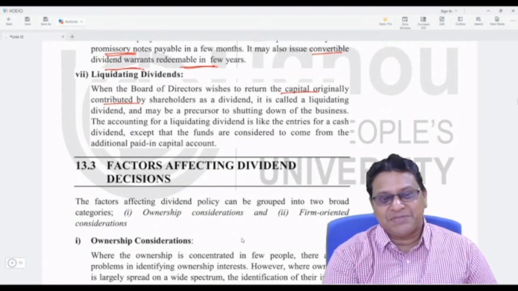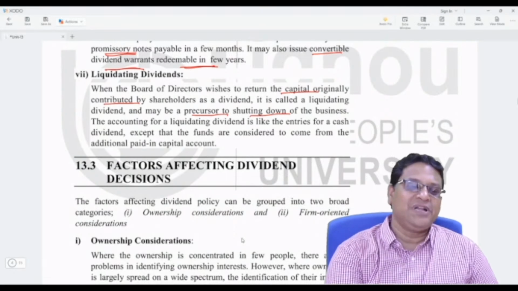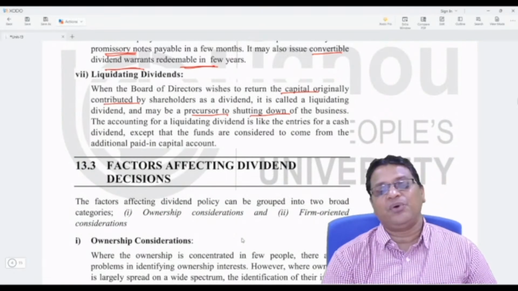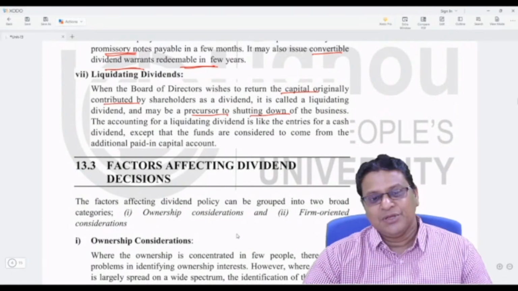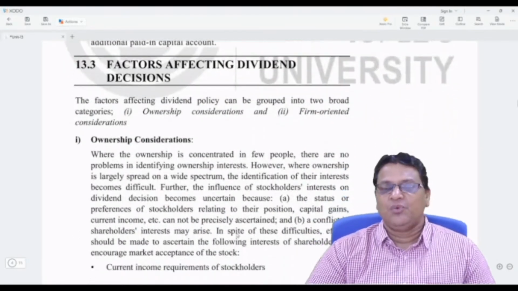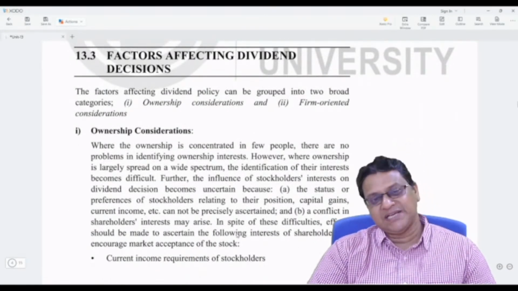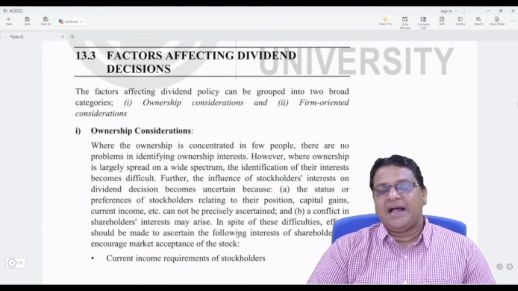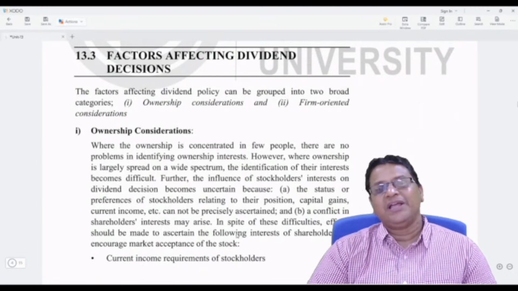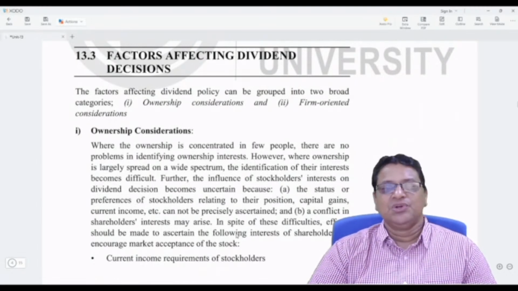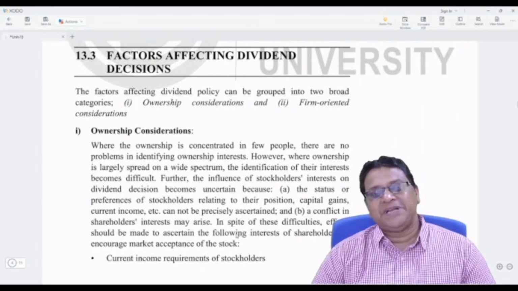Liquidating dividend is a sign of shutting down of the business. But liquidating dividend payment is not allowed in Indian Companies Act. So in Indian Companies Act 2013, two types of dividends are allowed. One is stock dividend, another is cash dividend. These are the two major ways in which dividend can be paid, and stock split and buyback of shares are also allowed in Indian Companies Act subject to certain conditions fulfilled by the company which are mentioned in Companies Act 2013.